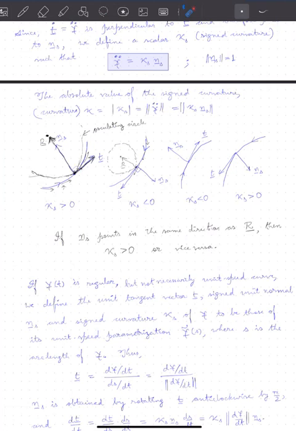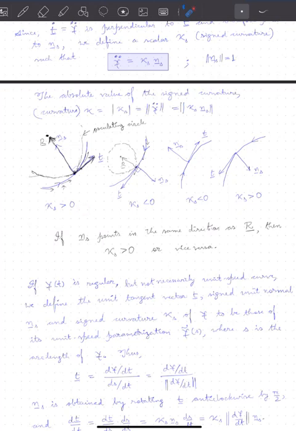As we increase the parameter s and move along this curve, at any point gamma of s we have a tangent vector, which is the t vector, and using the methodology we discussed some time back, the signed normal is going to be 90 degrees anti-clockwise with respect to the tangent, isn't it? Right. So what we see is that in this case, kappa of s is greater than 0.